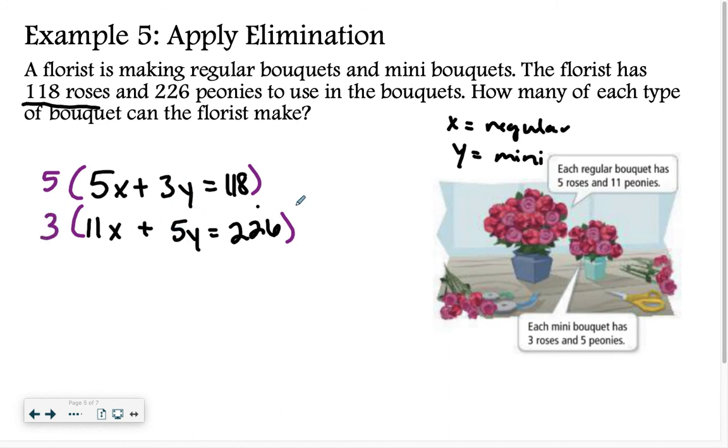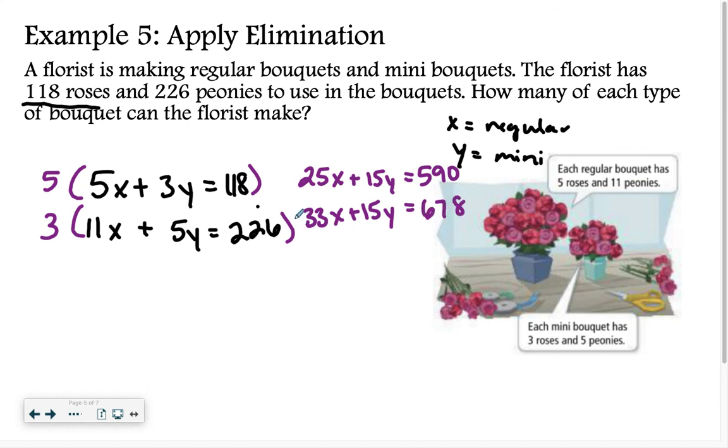So I'm going to multiply the top by 5. So I have 25x plus 15y equals 118 times 5 is 590. And then 3 times x is 33x plus 15y equals 226 times 3, which is 678.